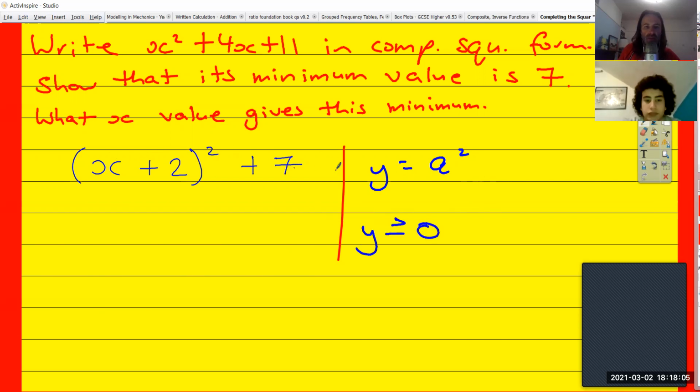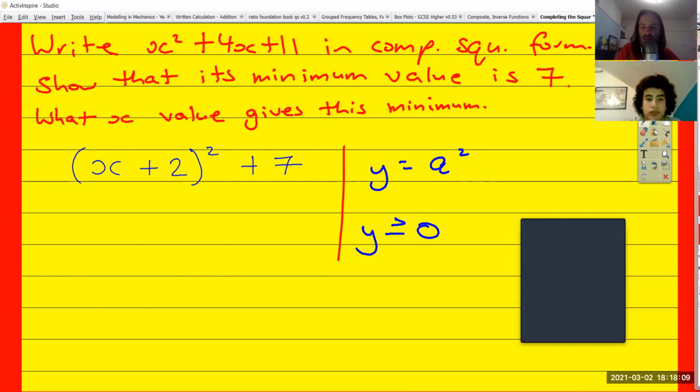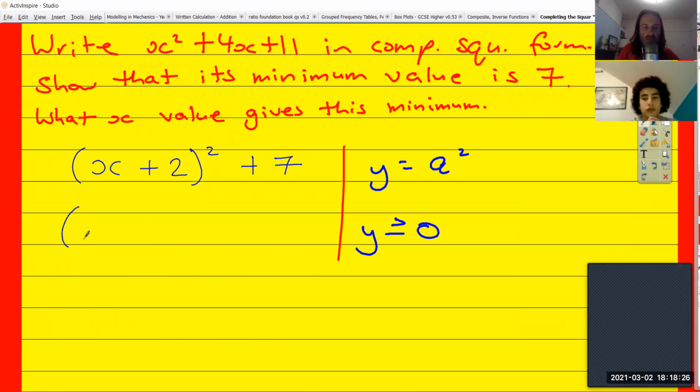And so how about this over here? We have a square bracket. Whatever this bracket turns out to be, we know that because it's squared, it always has to be greater than or equal to 0.